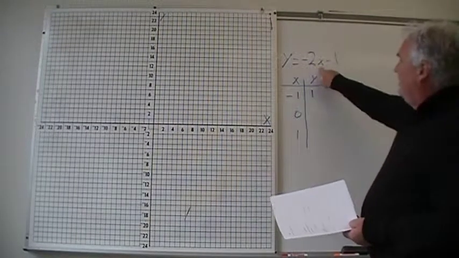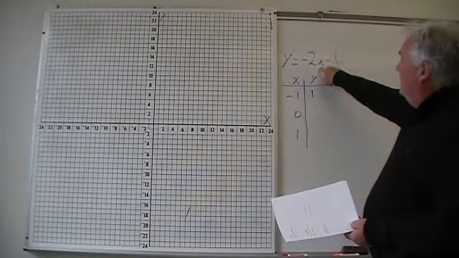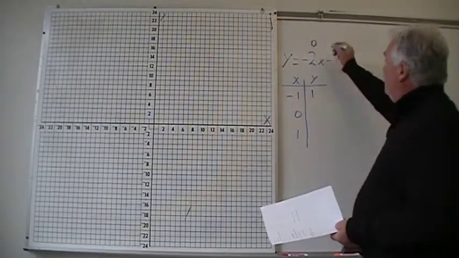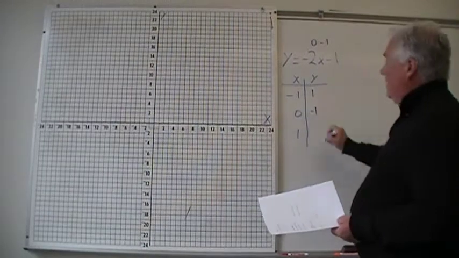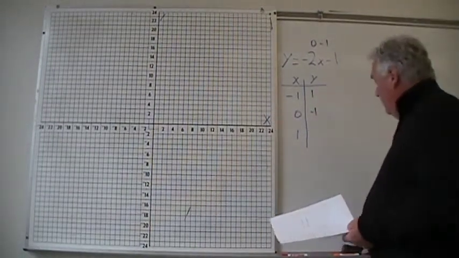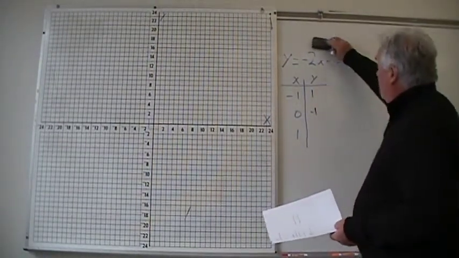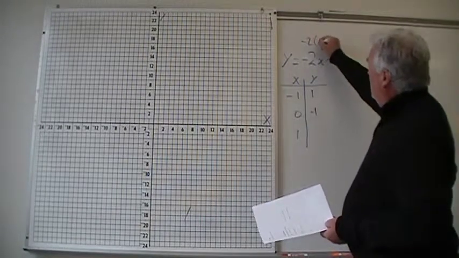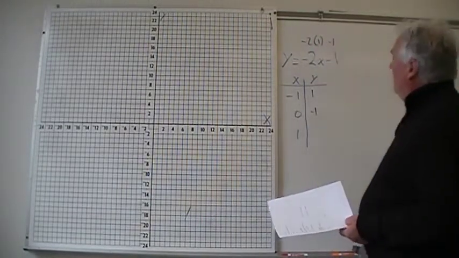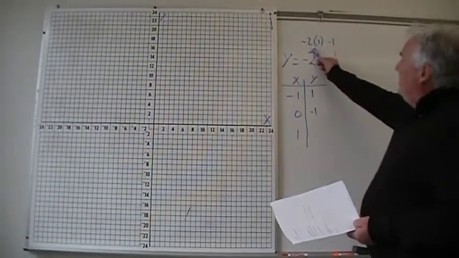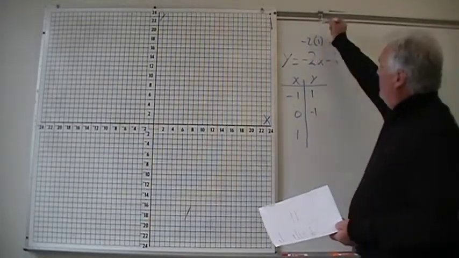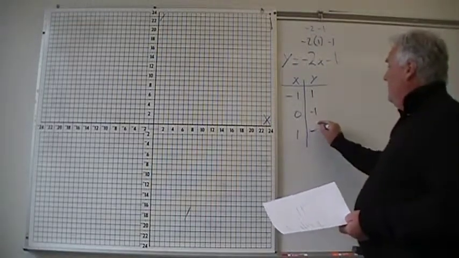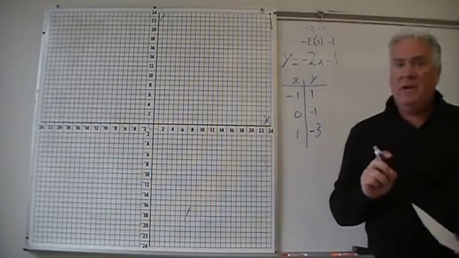If x was equal to 0, 0 times negative 2 is 0. 0 minus 1 is negative 1. And then if x was 1, 1 times negative 2 is negative 2. Negative 2 minus 1 is negative 3. Make sure you know your negatives.